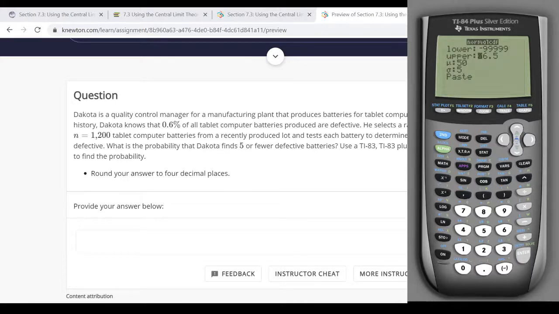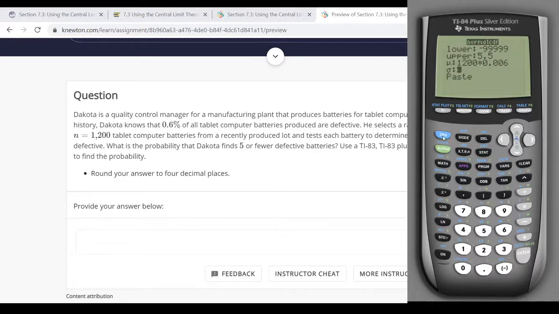The upper value, remember, we're going 5 or fewer defects, so if I want that 5 bar included, I'm going up to 5.5. The mean, remember, is N times P, 1,200 times 0.006. Remember the P here was 0.6%, so 0.006. So I'm just putting in N times P there.